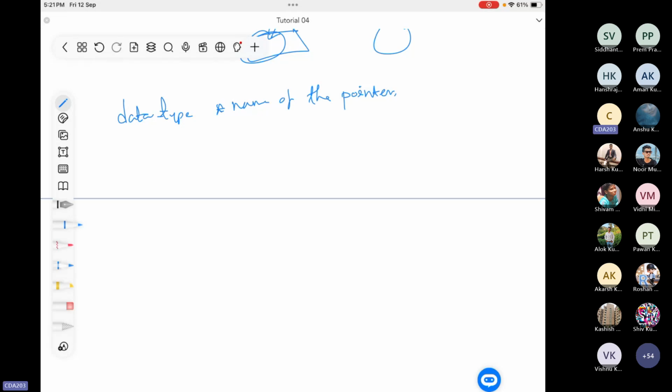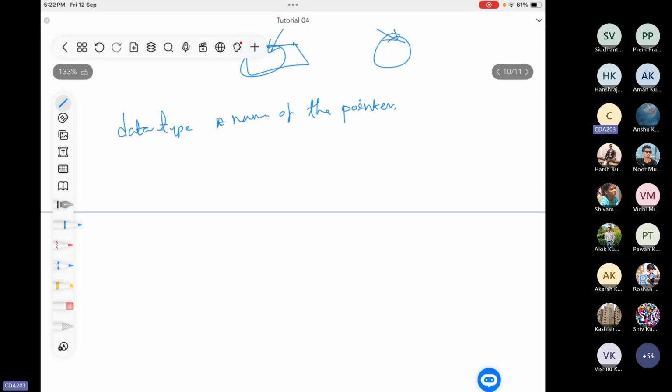Who has the address of the very last pointer? In where? Address of last pointer. I don't know what is last. In a linked list? In a linked list, if you think about the last node, it just has the pointer towards the previous node, and the list is ending there.